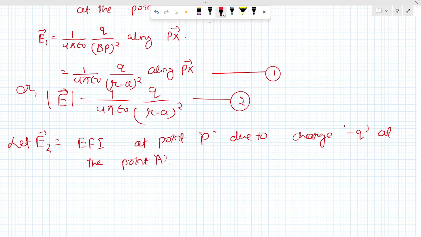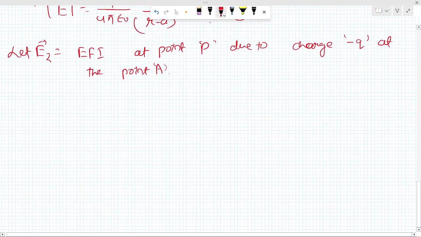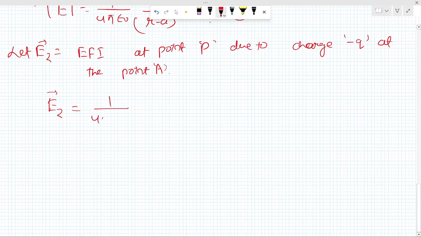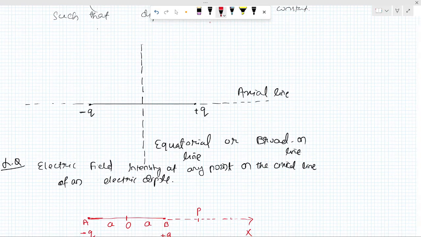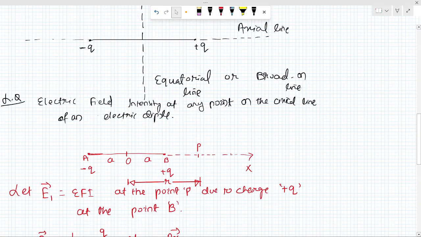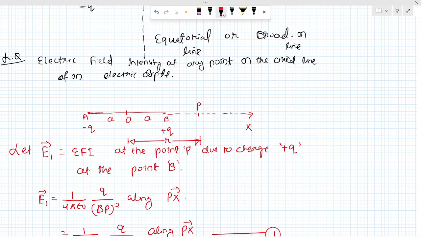So if I write the expression for E2, E2 is equal to 1 by 4 pi epsilon naught minus q. As we are taking the magnitude only, I will write plus q over AP square along, the direction is along PY. If this one is along PX, then E2 is along PY.